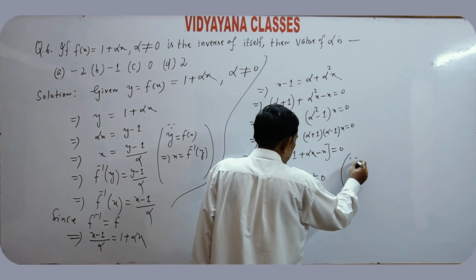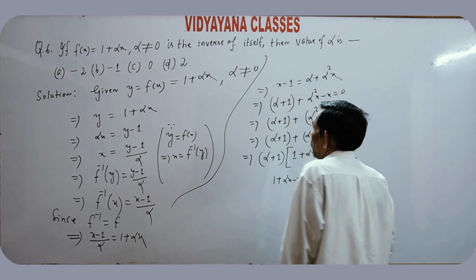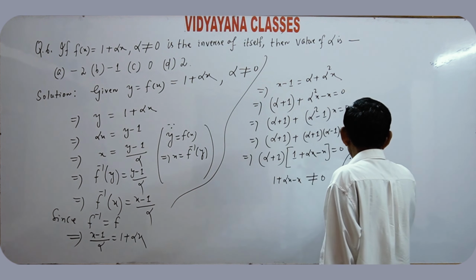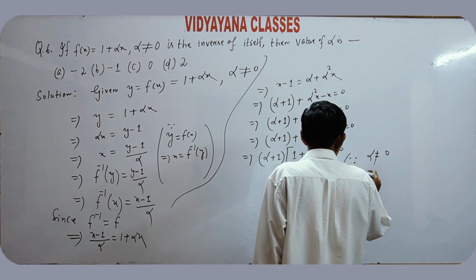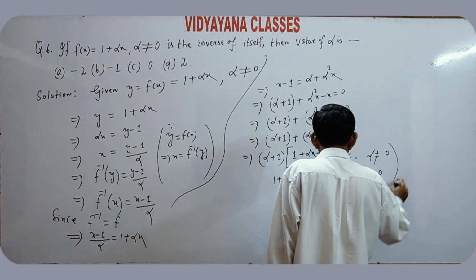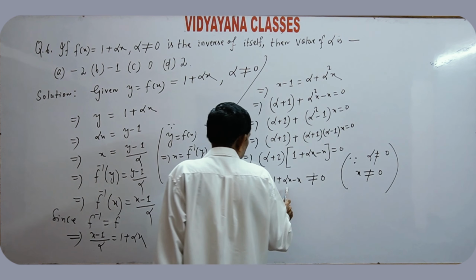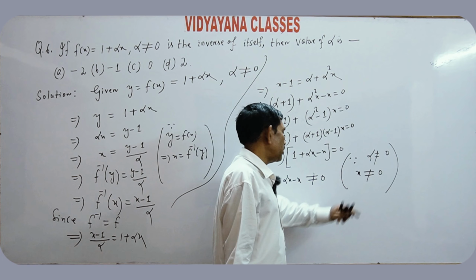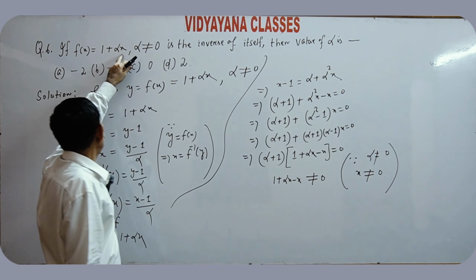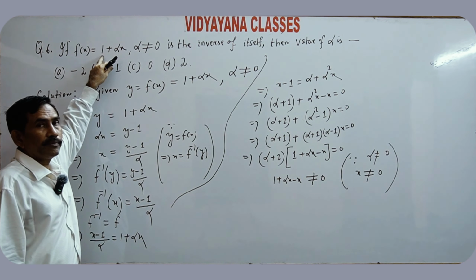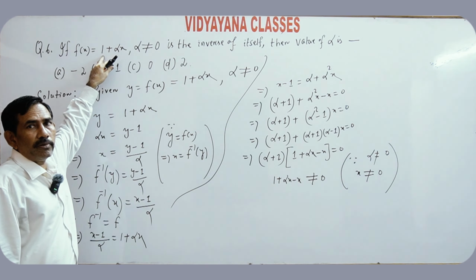Since alpha not equal to 0, x is also not equal to 0. If x equal to 0, then fx equal to 1, which is a many one function.